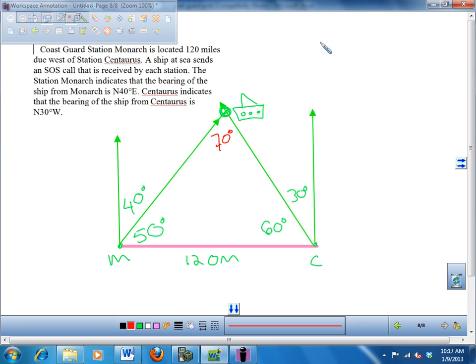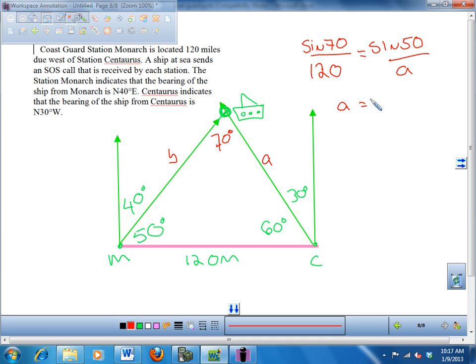So then I could say that we'll call this A and we'll call this B. So sine of 70 is to 120 as sine of 50 is to A. And then you just do the same thing we've been doing.